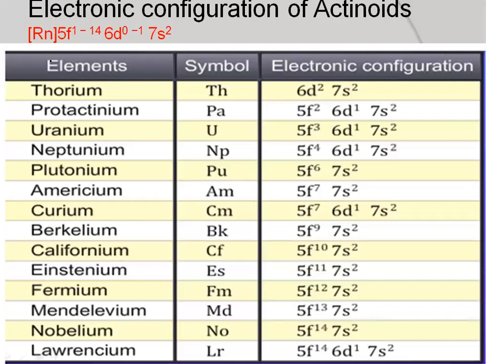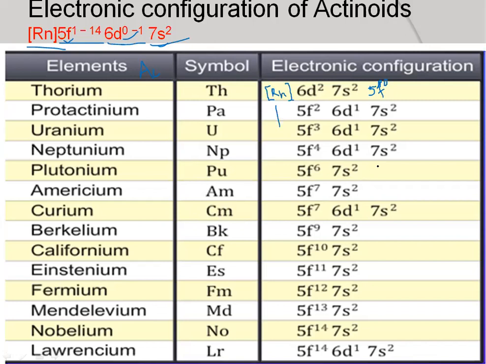In this case the general electronic configuration is radon 5f1 to 14 6d0 or 1 7s2. Here the full electronic configuration is not written, so radon will be there everywhere, because the preceding inert gas for actinium is radon. These three orbitals, 5f, 6d and 7s, will also be everywhere. And where an orbital is missing, like here 5f is not there, that indicates that the 5f orbital has no electron, 5f is 0.